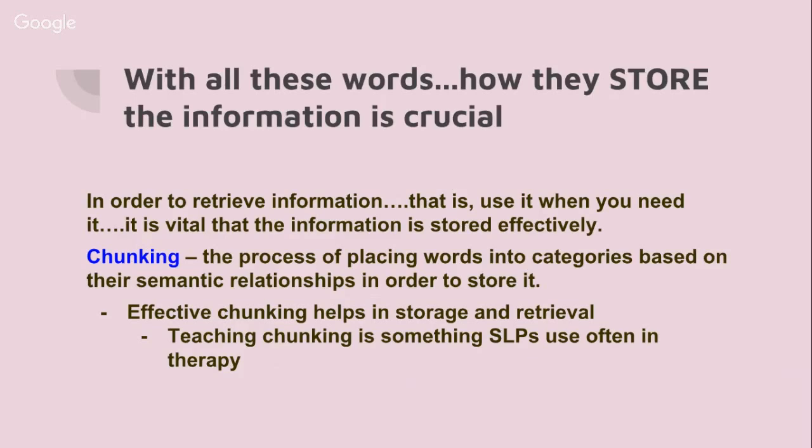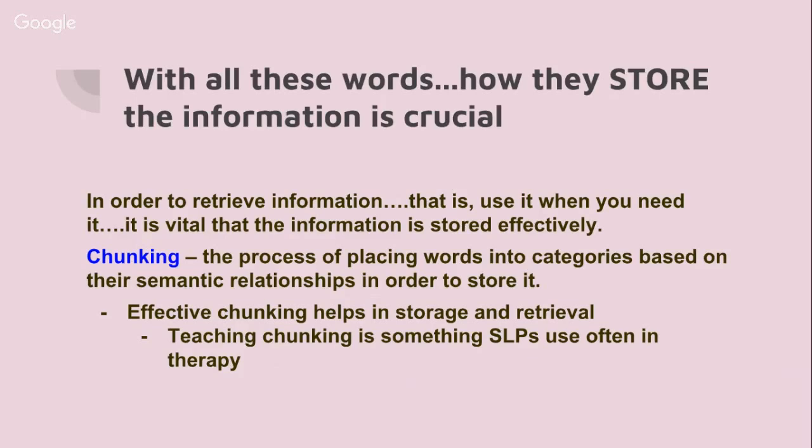Chunking is one of the ways that we store effectively, and we use semantic relationships in order to store. So let's use that animal chart again. If I say mammals, now tell me all the mammals you can think of, you're specific to talking about mammals, right? You didn't include in that list any reptiles, nor did you include any invertebrates. If I said, tell me all the insects you can think of, you wouldn't tell me cow and goat.